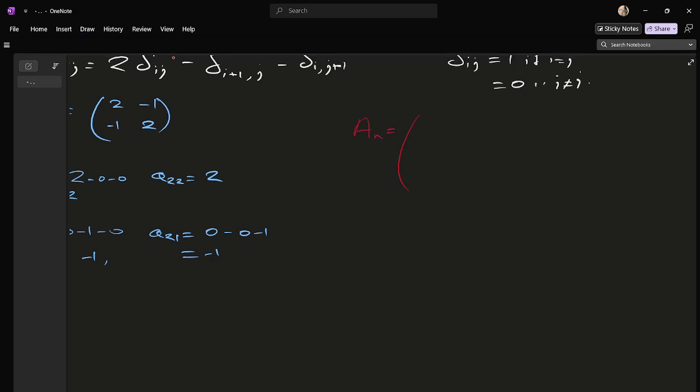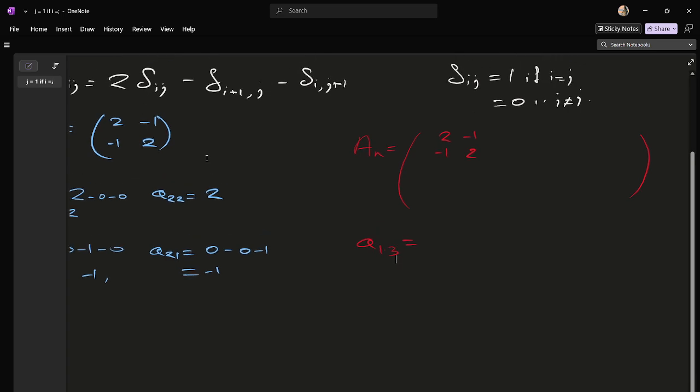Then our first entries are these. What will be this position? That means it's a13. So a13 will be 0, since delta_13 is 0, delta_23 will also be 0, and delta_14 will be 0.